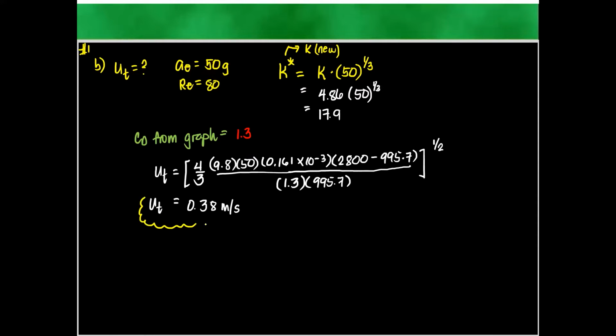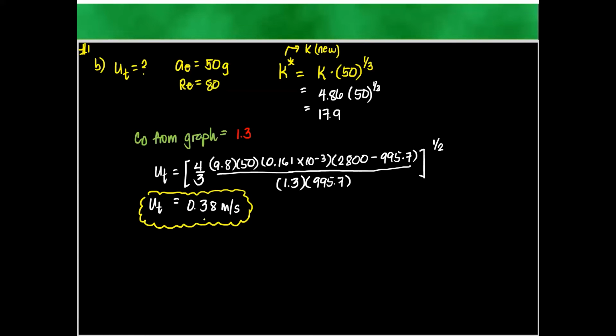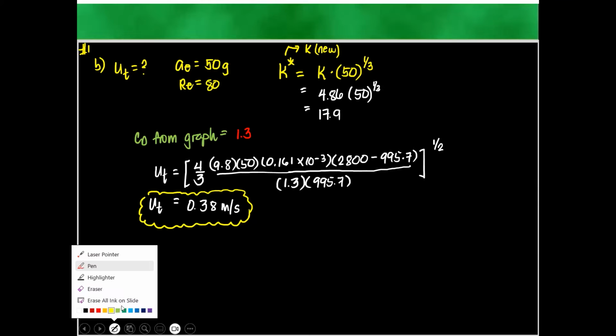So how much bigger is the UT compared to the original? This is the new UT compared to the first one, 0.025, now 0.38. It's much bigger. So you can divide it and tell me how much bigger it is. But let's try checking.